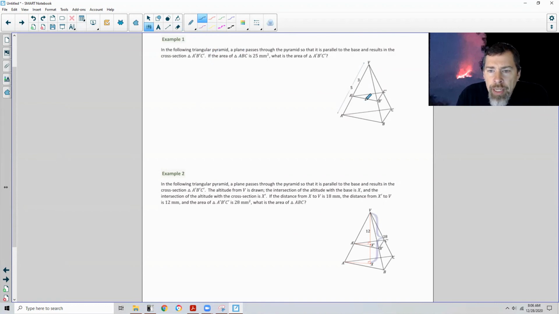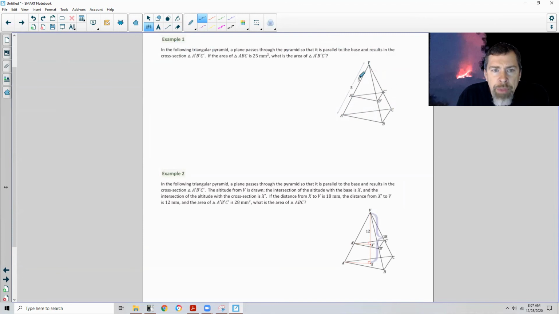So we know that A prime B prime is parallel to AB, B prime C prime is parallel to BC, and A prime C prime is parallel to AC. And since they're parallel, the angles have to be congruent because AV is a transversal and we have corresponding angles. Okay, so it is parallel to the base and results in a cross section of that triangle A prime B prime C prime.